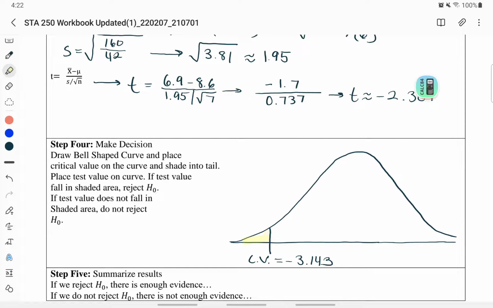Shade in. Now remember, if our test value lands within the shaded area, we reject the null hypothesis. If our test value lands in the non-shaded area, we do not reject the null hypothesis.